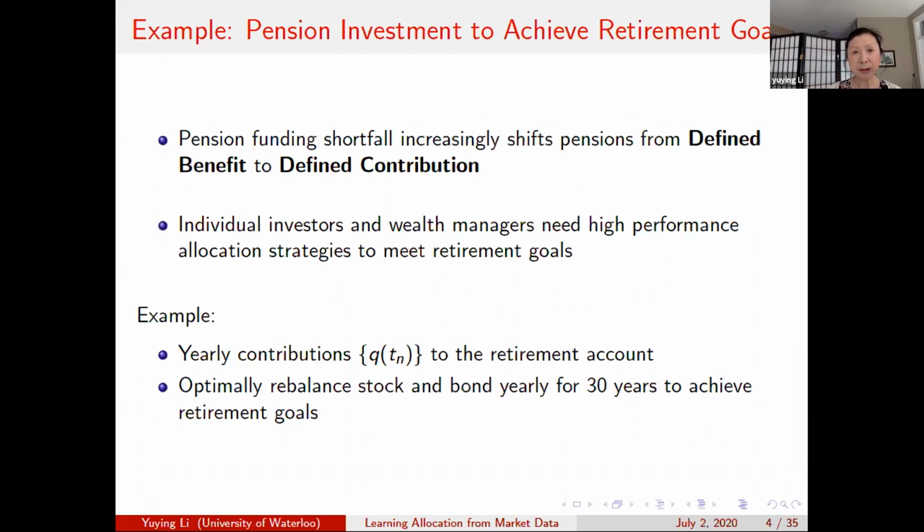As I mentioned, I will use pension investment as a particular example of such a dynamic allocation problem. And indeed, this problem by itself is very important, because in North America and all over the world, it's increasingly recognized that there's a risk of a pension funding shortfall.